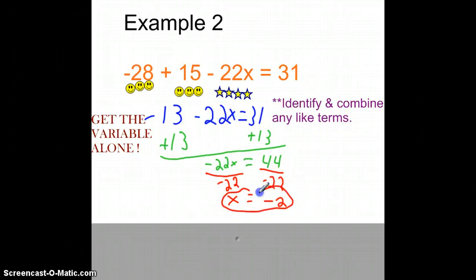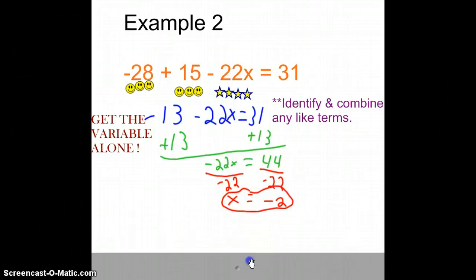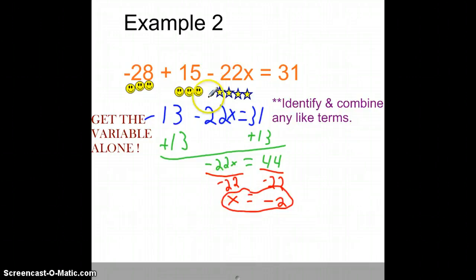Now let's do a quick check. Plug it back in. We have negative 28 plus 15 minus 22 times negative 2, plugging in that negative 2 for x.